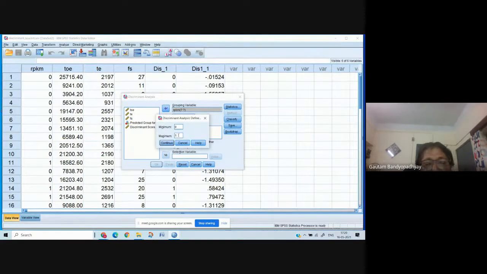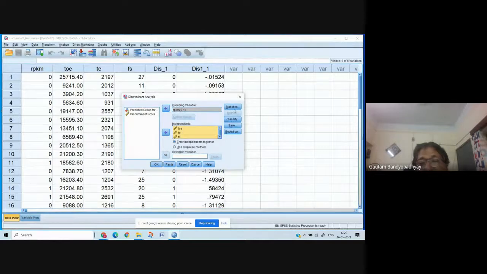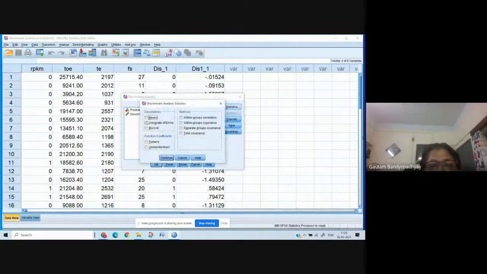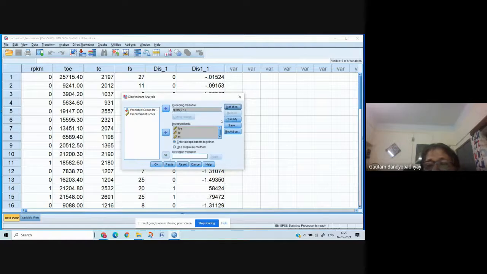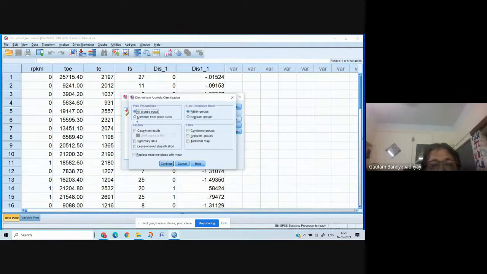And these three are independent variables. Same thing I'm showing, then you can understand. The means, univariate ANOVA, Box's M, Fisher, unstandardized. Okay, classification table.